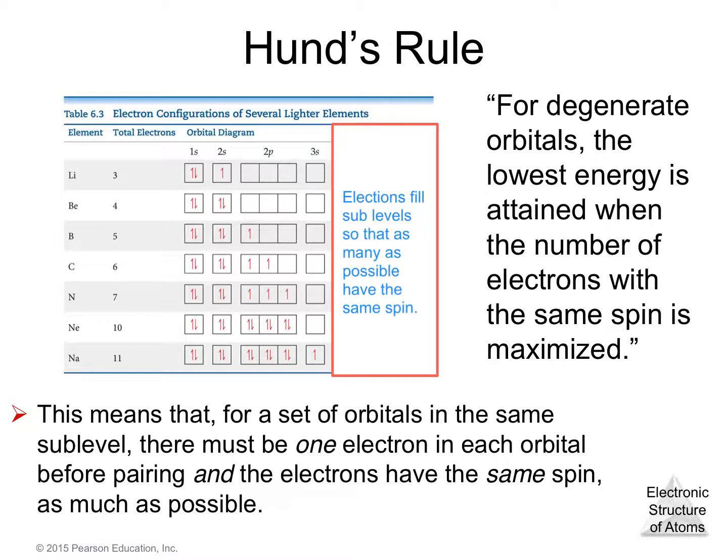So when you go to fill a sublevel, you want to draw all of your up arrows first. And you can see that they have done that here. It's up, up, up. If you put up, down, and then an up there, it's technically a wrong answer. It violates Hund's rule. So within a sublevel, draw all of your up arrows first, and then you can come back and add down arrows.